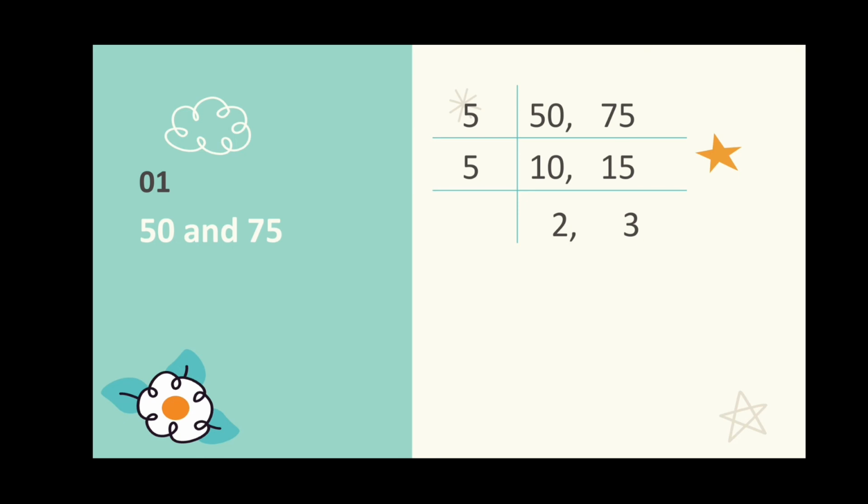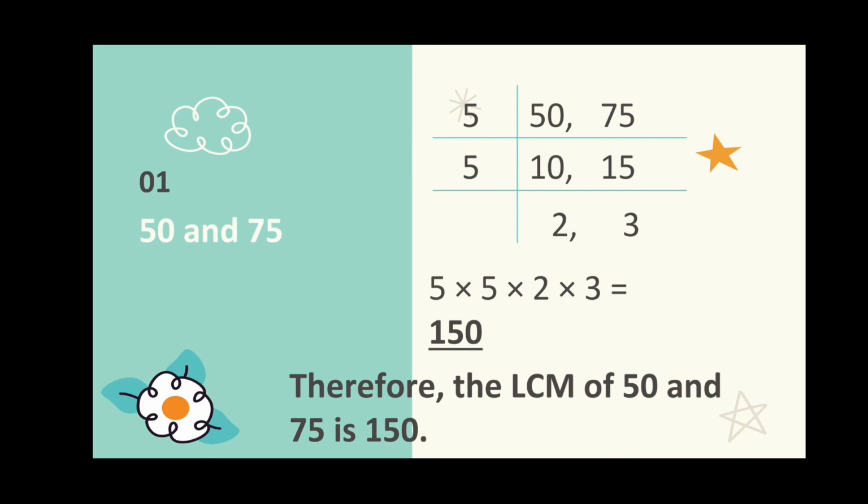Now, 2 and 3 are both prime numbers, so therefore, co-prime numbers na sila. Okay, so now, we're going to proceed on the next step, which is multiplying the divisor and then yung co-prime numbers na natira. So yun ay 5, 5, 2, and 3. So we have 5 times 5 times 2 times 3 equals 150. Therefore, the LCM of 50 and 75 is 150.